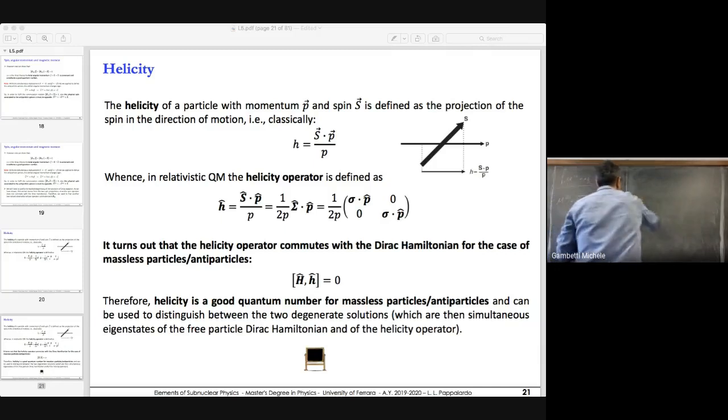So this reduces to square root of P plus M, and then we have 0, 1.